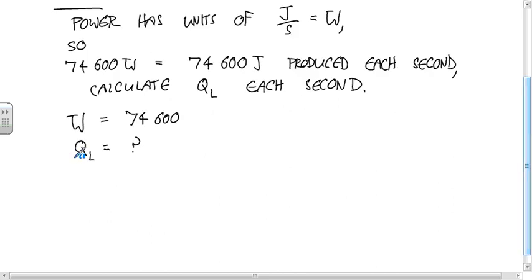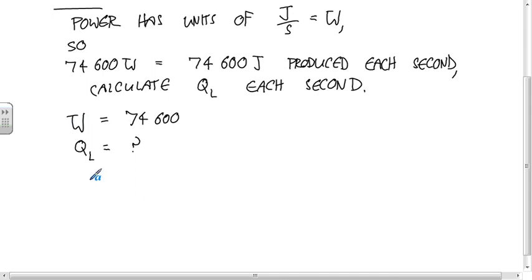So I guess the way that makes sense to me, I mean, we want to take 2 of those 3 equations and come up with an expression that only has these 2 variables in it, okay? That's what you need in order to solve for QL, because work is the only one that we know.